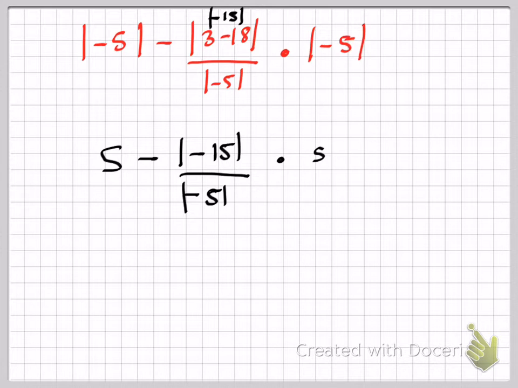So really, since it's all in absolute value, I could do this, right? And that becomes what? 3. Absolute value of 3. Or I could do it as 15 divided by 5. Take the absolute value, it's 15, and then divide. So either one is okay. Do you guys understand that?